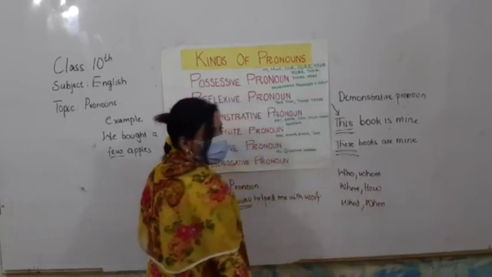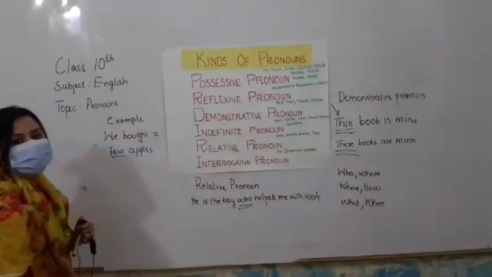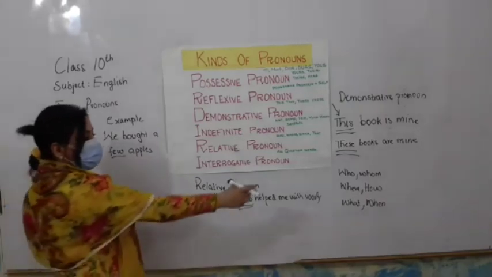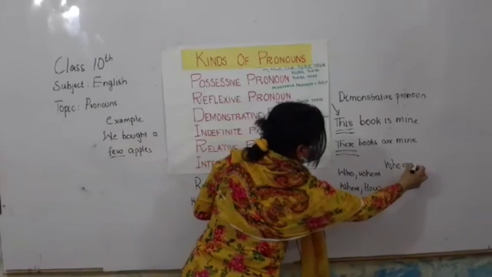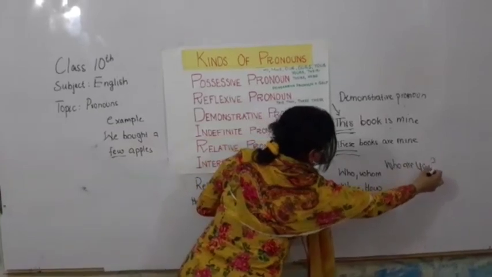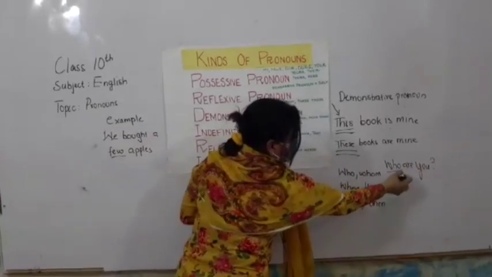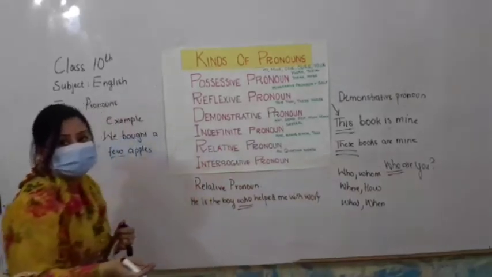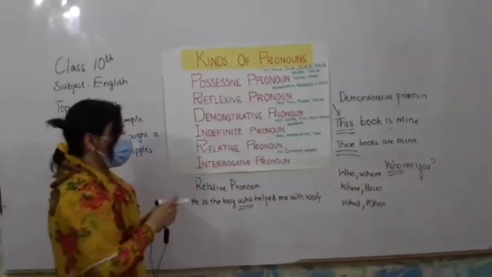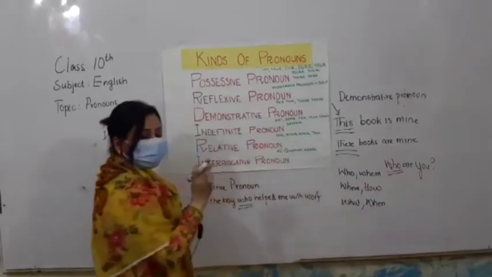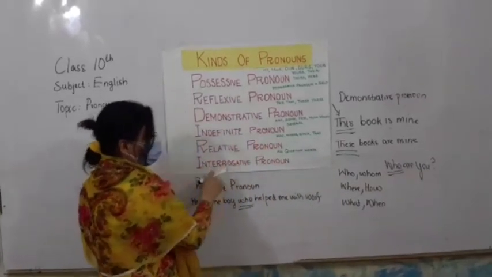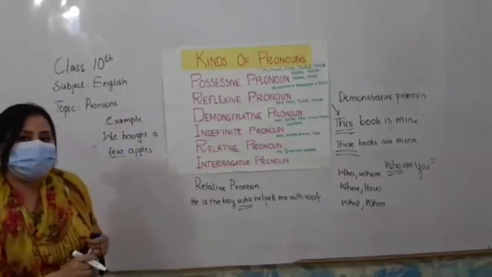All these are basically question words. Who are you? Who? We must be talking about a person, isn't it? That's why we are saying who. So, all the words which are question words are called interrogative pronouns.